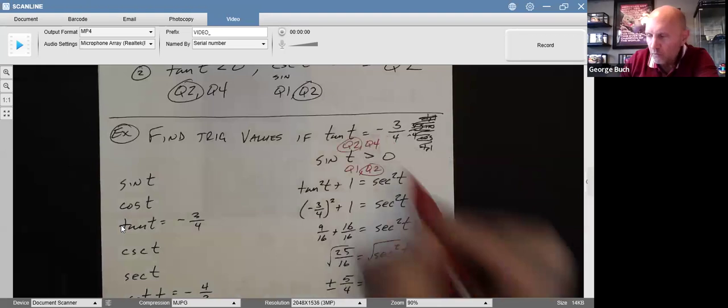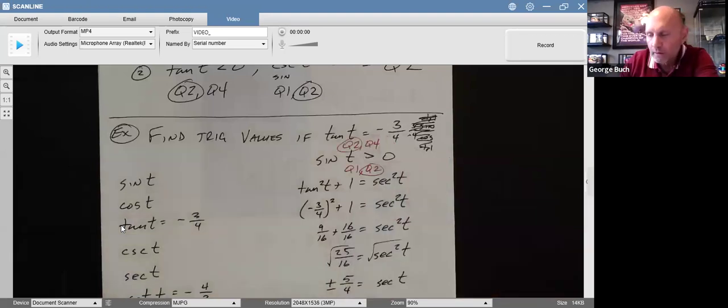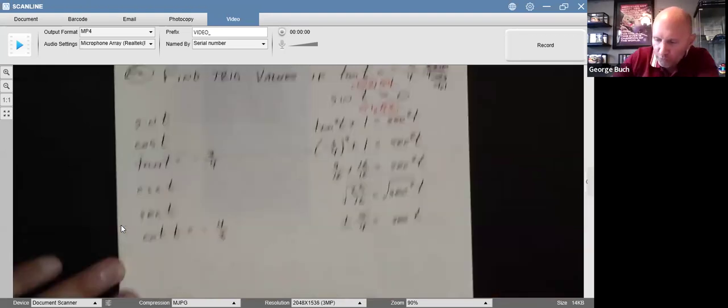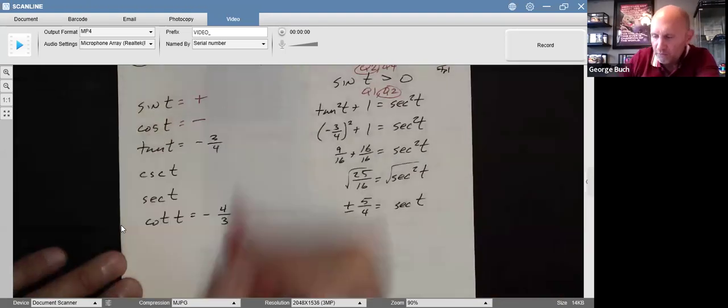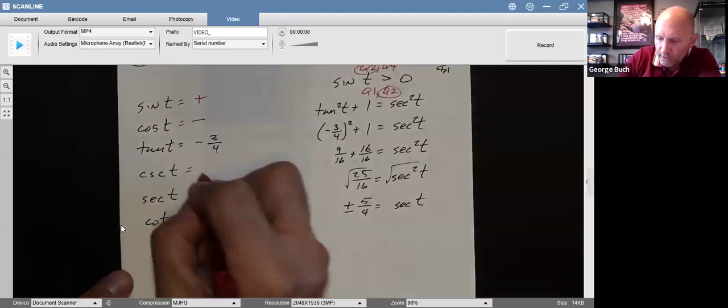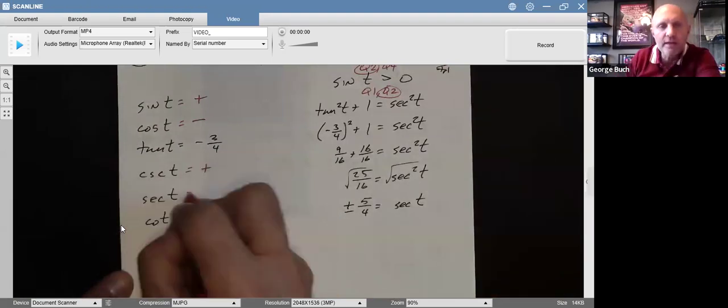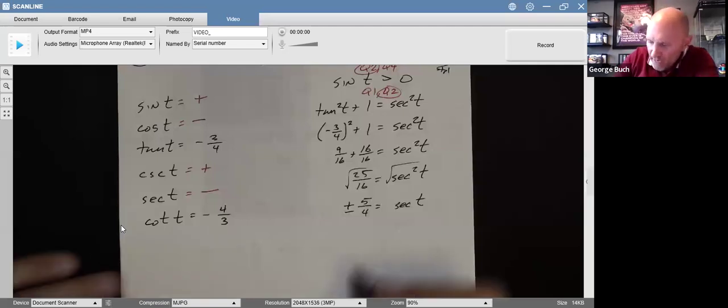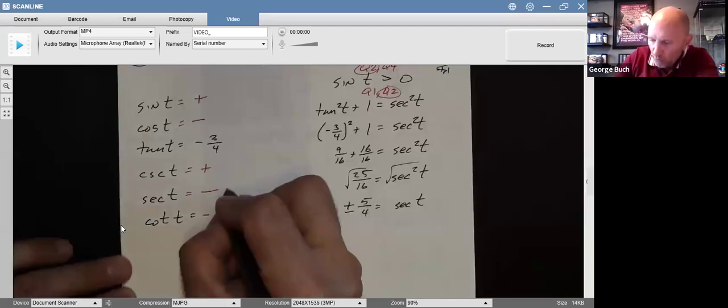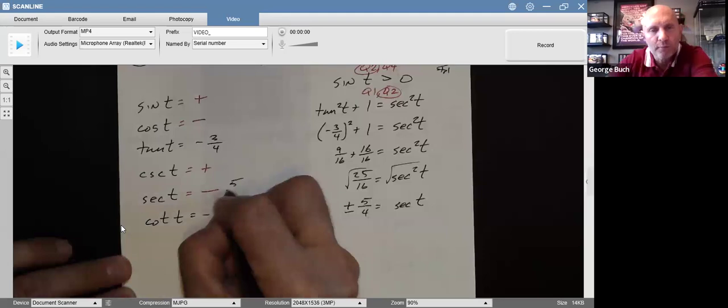Therefore, I am in quadrant 2. And in quadrant 2, I know sine is positive. I know cosine is negative. So therefore, cosecant is positive, and secant would be negative. So I want to use -5 over 4 as my value for secant.